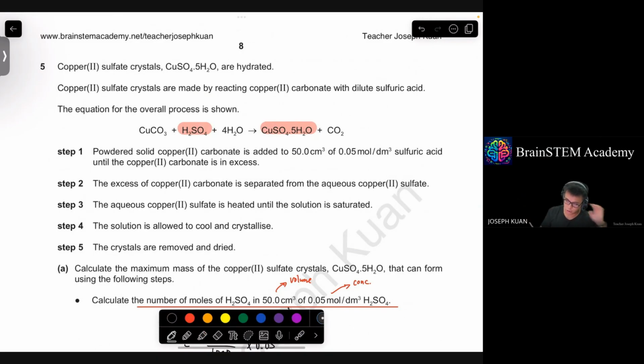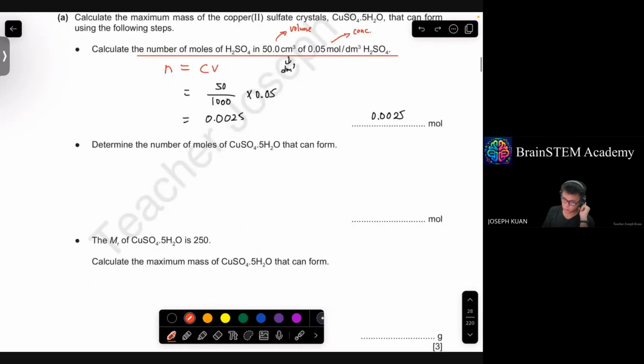We see that the coefficients for both materials are in a 1-to-1 ratio, right? In moles, 1 mole of sulfuric acid reacts to form 1 mole of that hydrated crystal. So since we're using 0.0025 moles, we will form exactly the same amount because it's a 1-to-1 ratio.